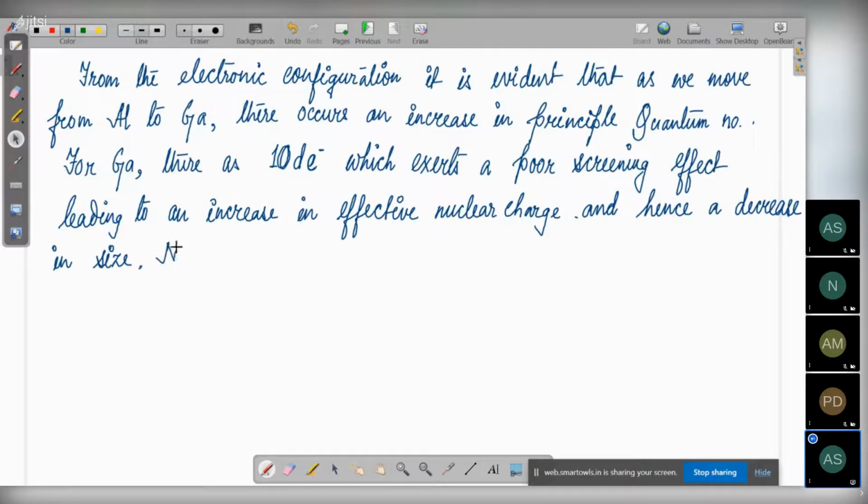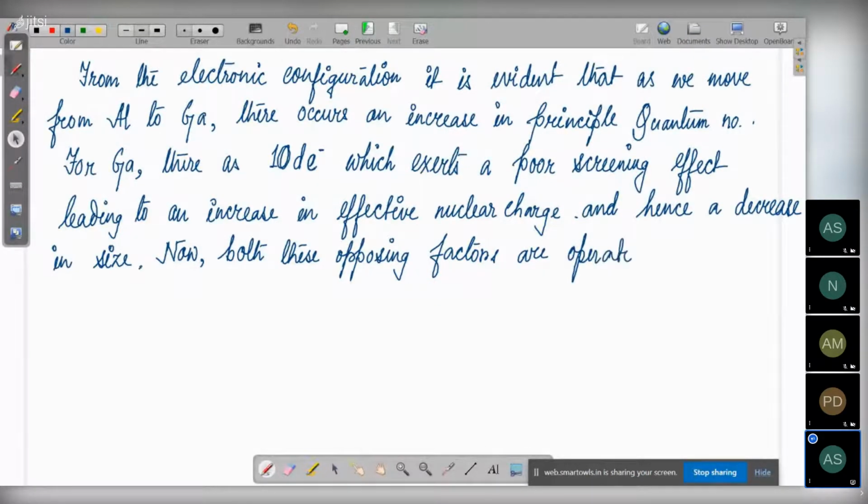Now, both these opposing factors are operating simultaneously.